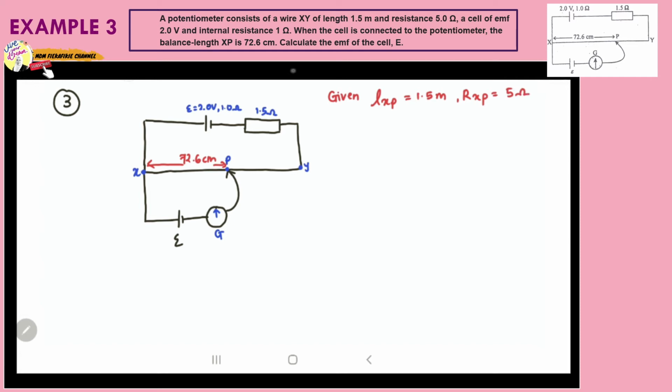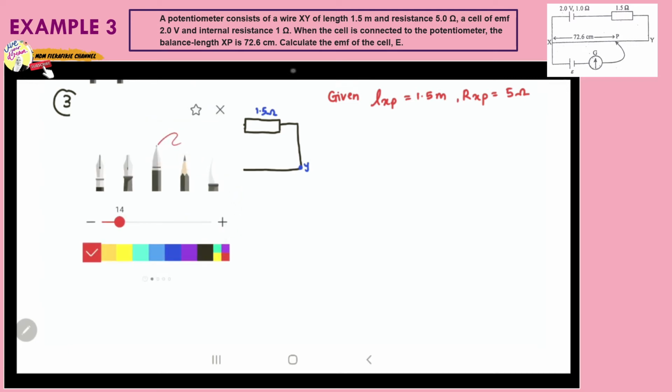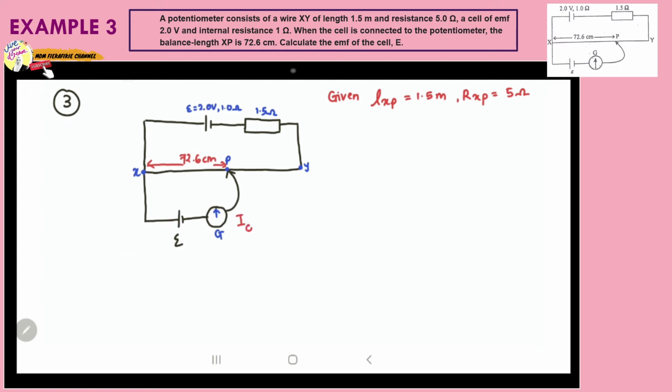When the potentiometer is said to be balanced, it means that the reading of the galvanometer is equal to 0. We can write here that IG is equal to 0, meaning no current flows through the galvanometer. Initially we have a current from the battery, from the EMF of 2.0 volt.